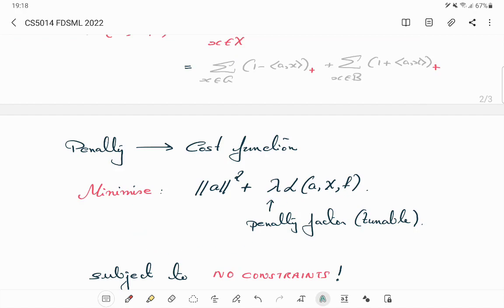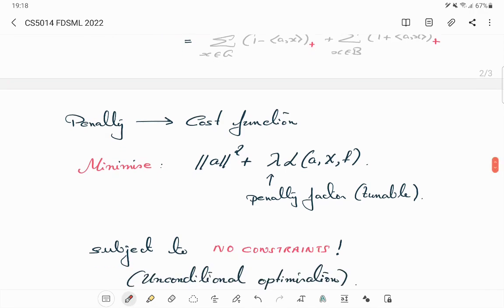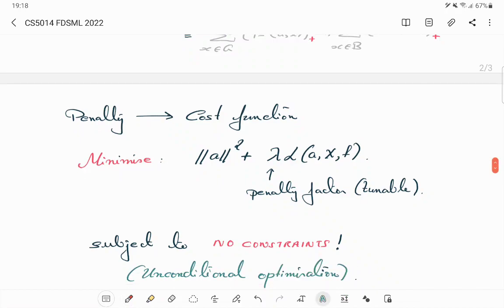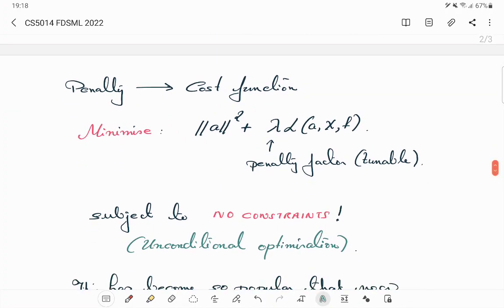Are there any constraints left? No, now you do not have any constraints in the system. All the constraints have been softened by converting them into a loss function, and that is added to the cost function. So we now just have to solve an unconstrained optimization problem.